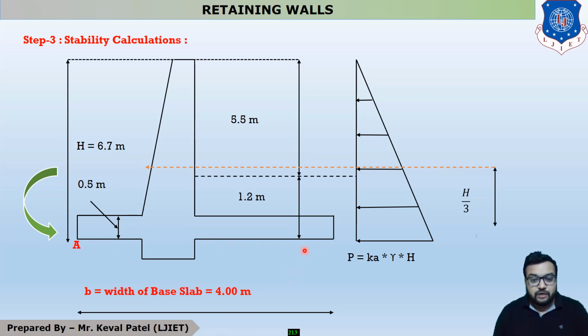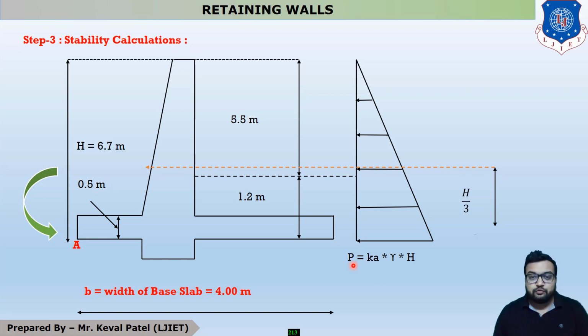Our soil is at this height, which is 6.7. You all know that with increasing height, our pressure increases. So this is our pressure diagram. Increasing depth means increasing pressure. What is the equation of pressure at the base?